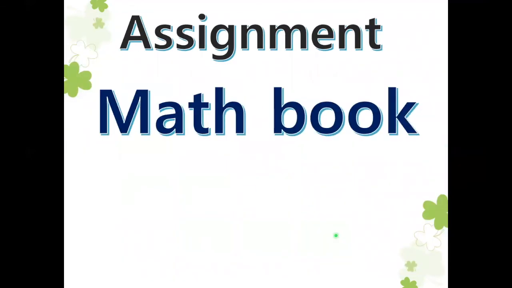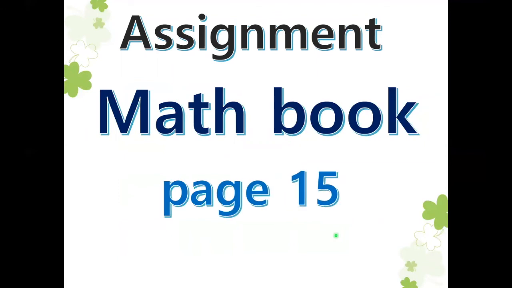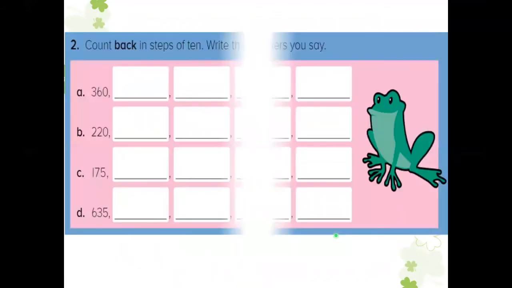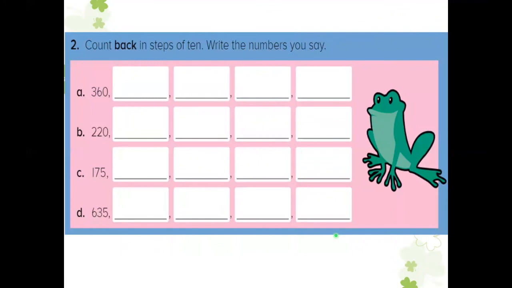Very good. Now, for your assignment, open your math book on page 15. Okay, so number 2, count back in steps of 10. Write the numbers you say. So we're going to count backwards. So 360, it's 350.